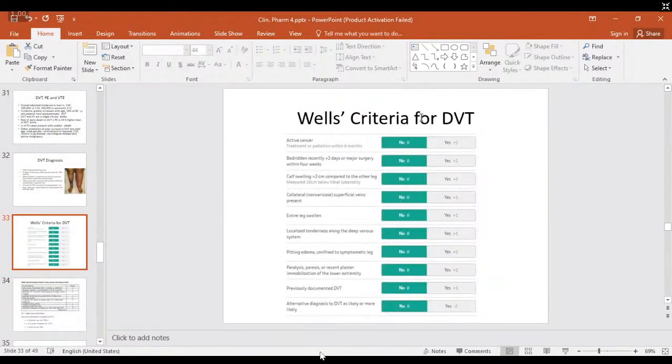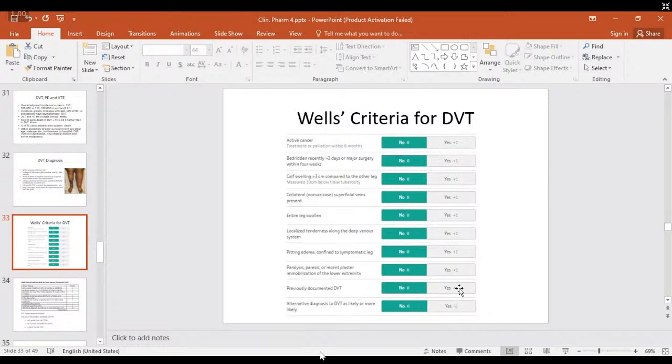Wells criteria for DVT. Actually, there is also a Wells criteria for pulmonary embolism, so you can use both of them to assess the risk of your patient, whether they have DVT or not. So when there is active cancer, you can add 1 point. When the patient was recently bedridden or had a major surgery, 1 more point. And you can see the other ones. Entire leg swollen, 1 point.